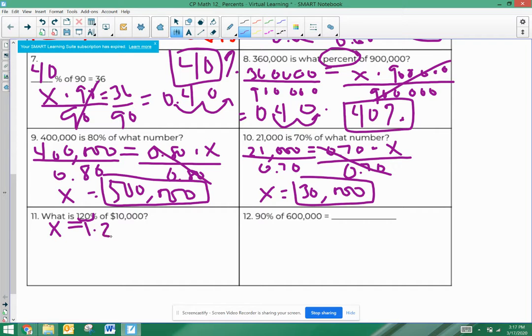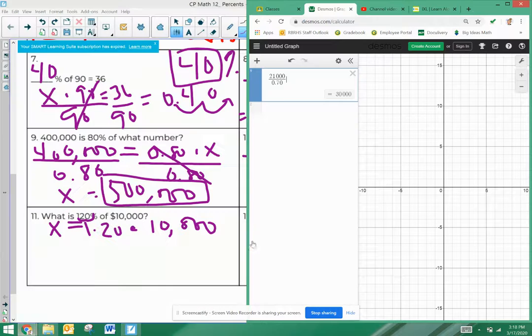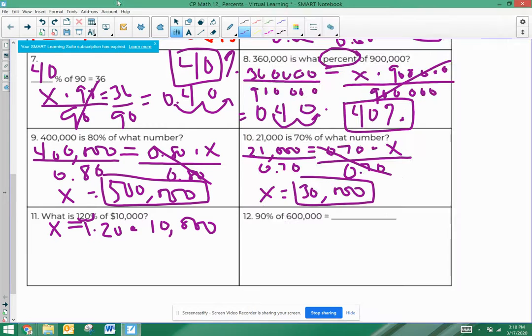So that's 1.20 of, I'm multiplying, 10,000. So 120% is greater than 100%, so it's going to be more than 10,000. So I'm going to do 1.20 times 10,000. 1.20 times 10,000 is 12,000. Okay, that makes sense because that's more than 10,000. So that is $12,000.